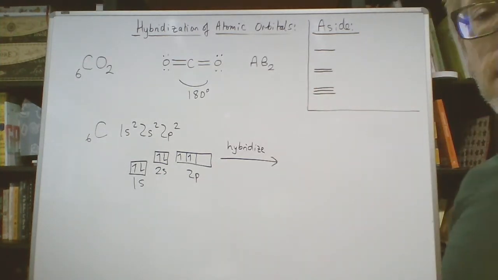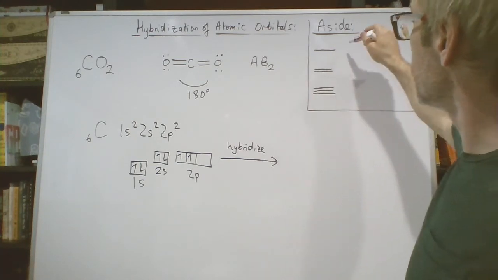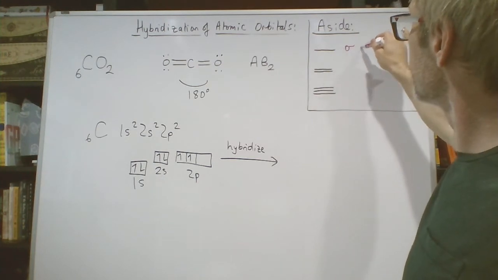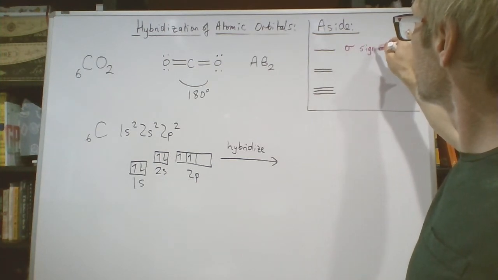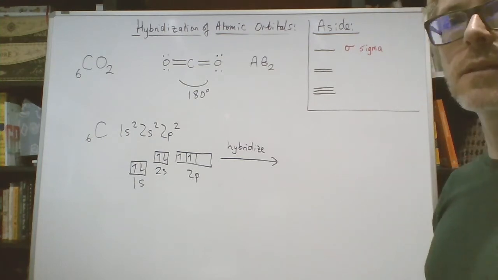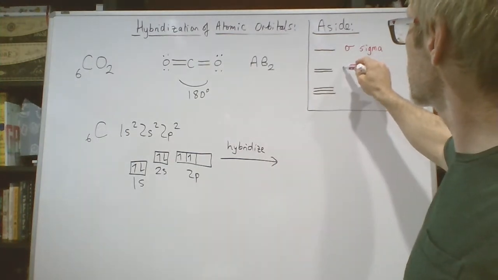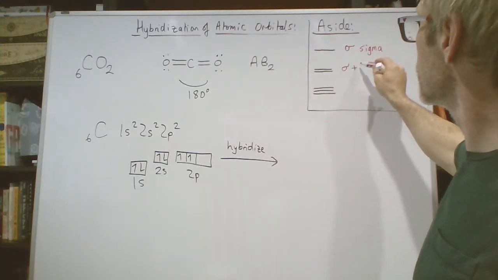Single covalent bond, double bond. We're going to consider a single bond is a sigma bond. Okay, and we'll see what that means a bit moving forward. A double bond, which I see here, we're going to consider that that's a sigma plus a pi.